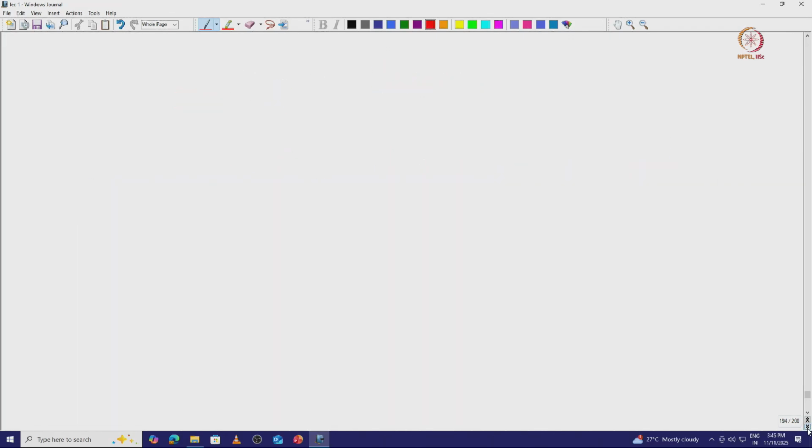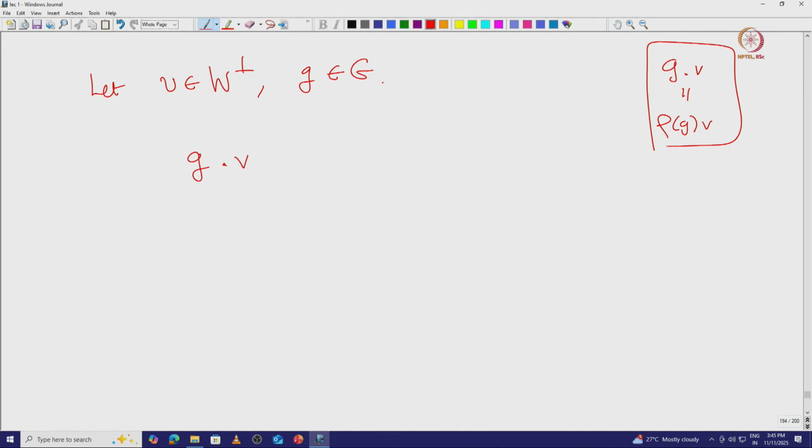So, let us verify it is indeed a sub-representation. For that purpose, let v be some vector in W perp and g some element in G. Let us compute what happens to g dot v. So, g dot v is the same as rho(g)v. Let us simplify the notation.